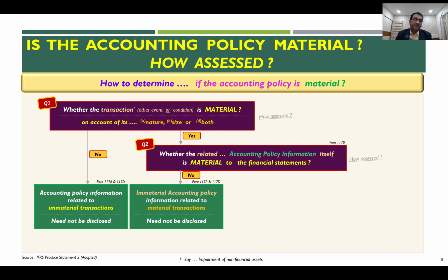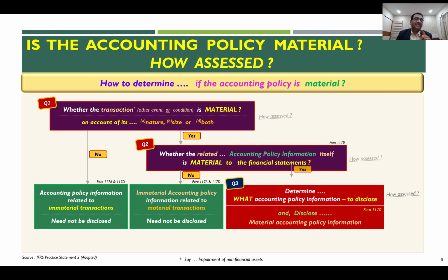But if the answer to question number 2 is yes, then you have to ask the third and the last question. Okay, the answer to questions 1 and 2 is yes. Now you have to determine which of the accounting policy information you eventually need to disclose.